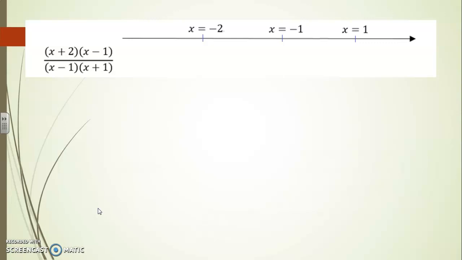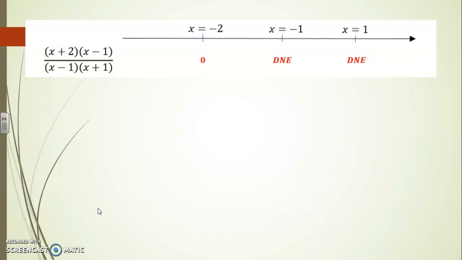So again, above the number line, I've stated all of the values of x that create either zeros or values where the rational function is undefined. So actually 2 points prevent the rational expression from being defined, and those are -1 and 1. As for when x is -2, we have a 0 at the numerator, which is perfectly acceptable and creates a 0 result.